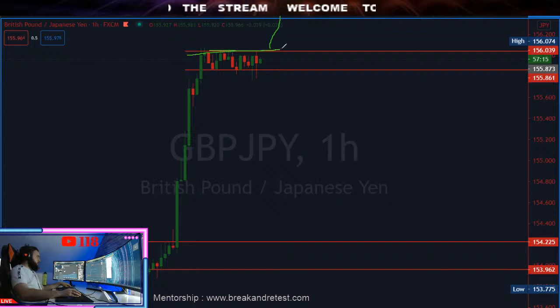If it goes above this zone, game over. And it's just the beginning of the candle, so imagine if it goes early on above, it has another 50 minutes to push all the way up and not to wait. So that's the bad thing.